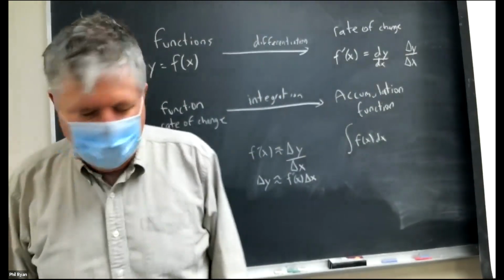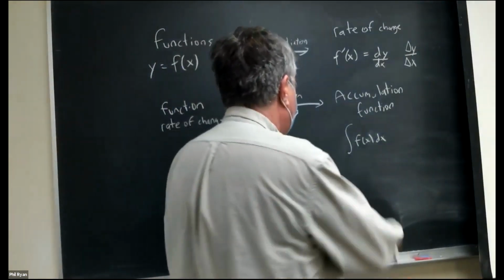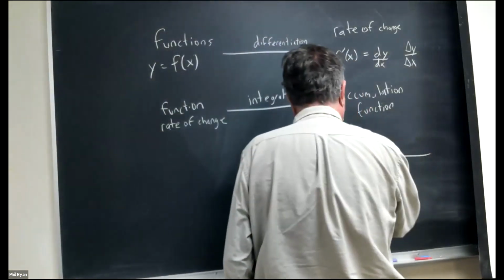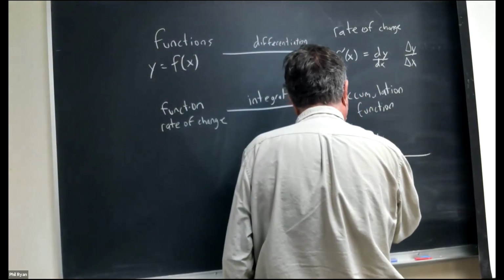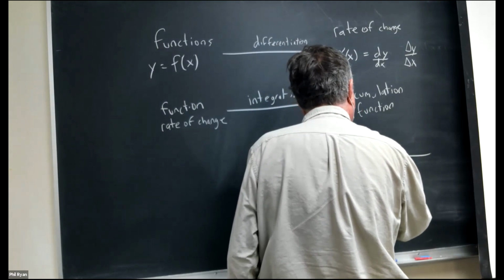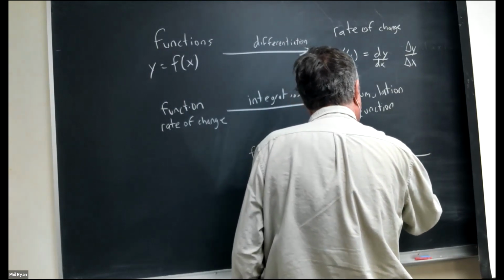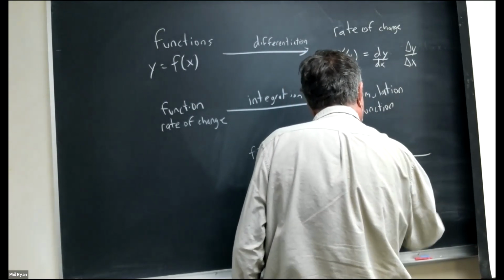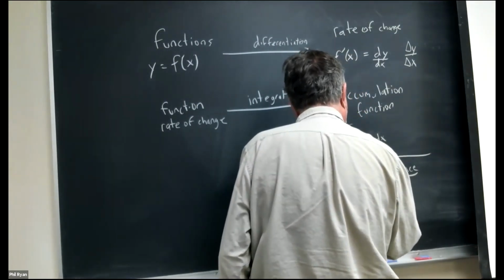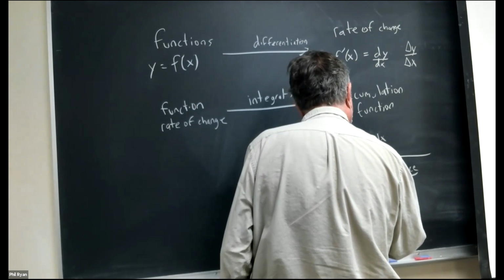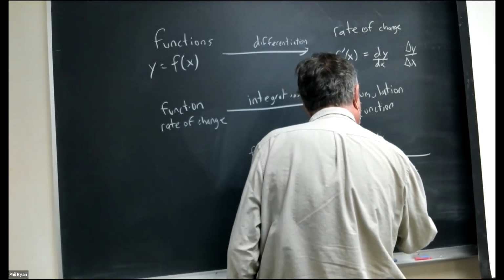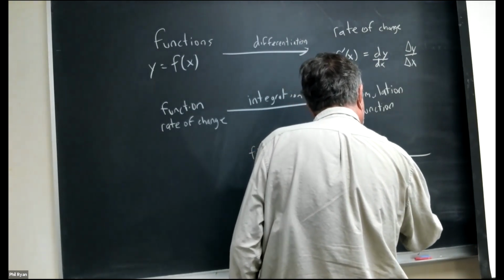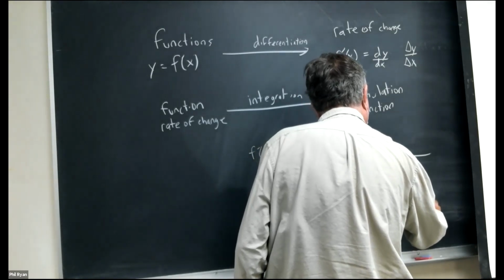Okay, so if we talk just in terms of velocity, velocity equals distance divided by time. Well, we know that distance then is velocity times time.